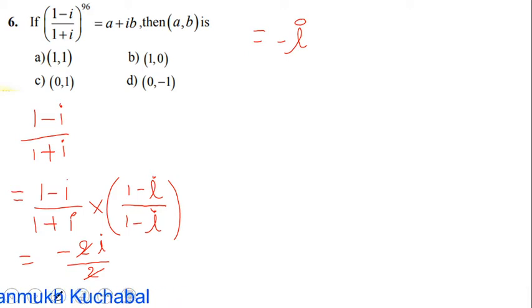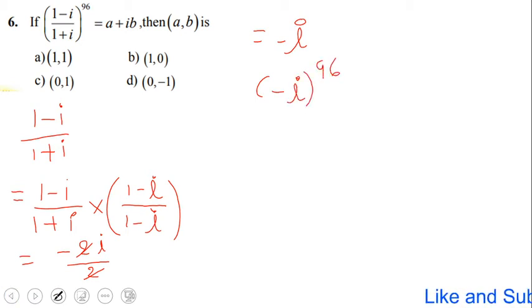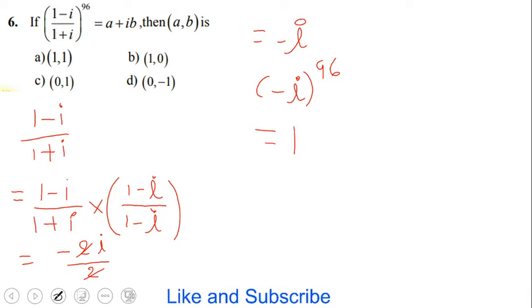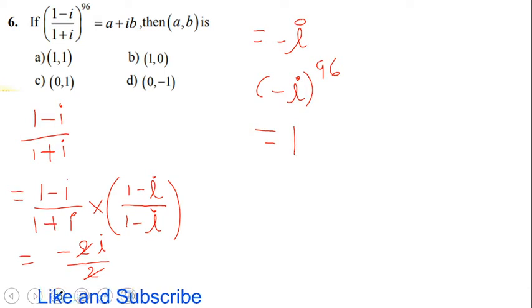But in the question the power is 96, so we take the same power, 96. That is (minus i) raised to 96, which simplifies to 1. We have to express it as a real part plus an imaginary part, a plus ib.